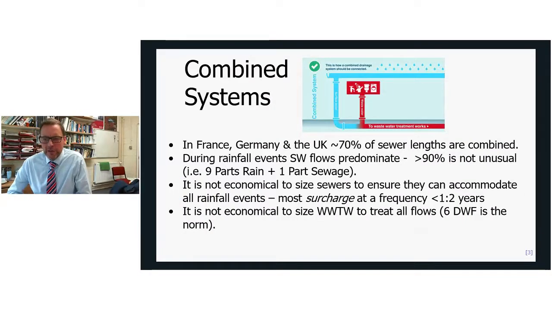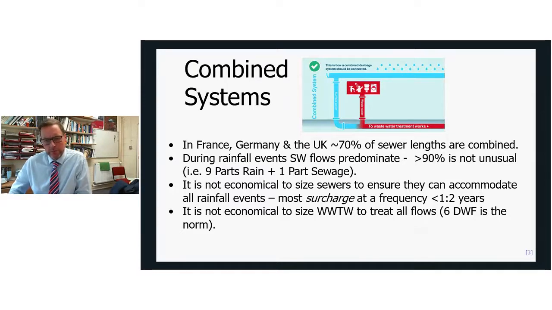So in developed countries, certainly in the EU, we expect around 70% of the network to be combined. And this is really because of the age of quite a lot of developments in developed countries. So that is largely the network that we're currently managing.